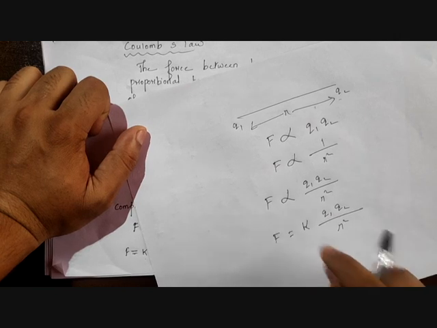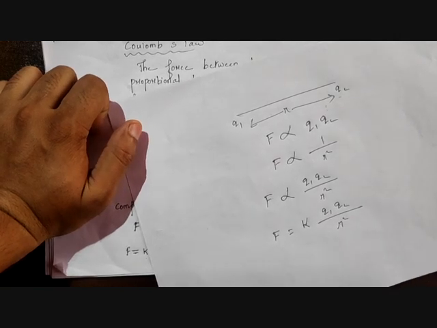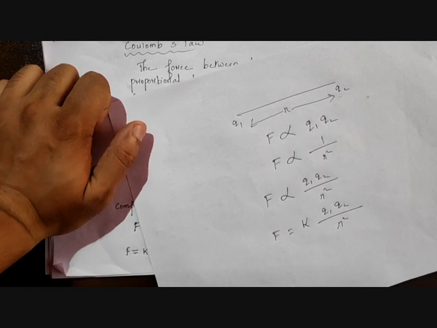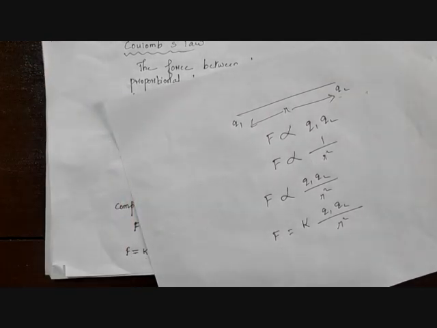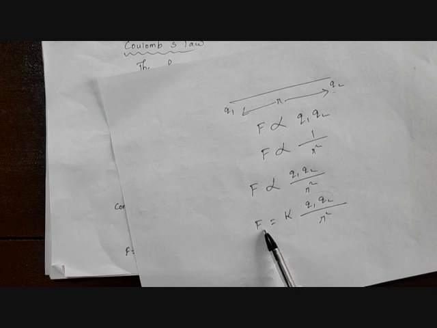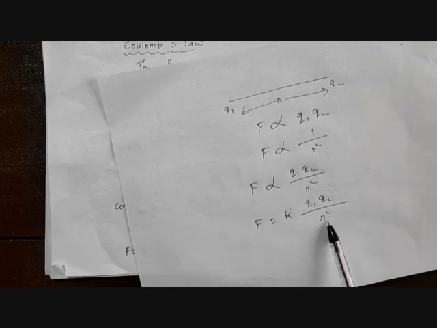Now what is k? k is called Coulomb's constant. One thing you have to know is that, see student, by this formula, if you increase the value of these two charges, remember one thing, force will increase. Are you remembering? If you increase the distance between two charges, the force will decrease. How?